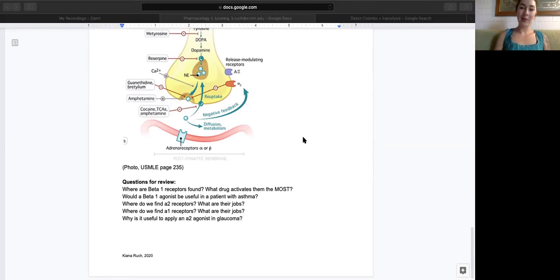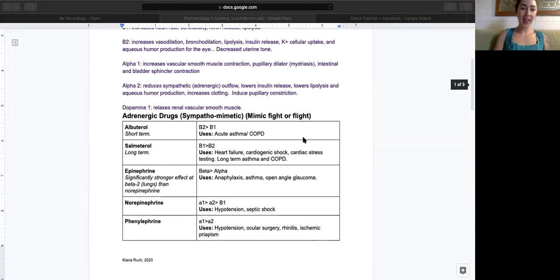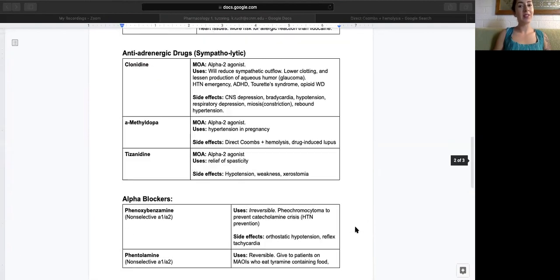Yes, beta-1 receptors are found in the heart. And the drug that activates them the most? Salmeterol, used in heart failure, cardiogenic shock, and cardiac stress testing. It's also used in long-term asthma and COPD. And we remember that because salmeterol has meter in it, and a meter is long.